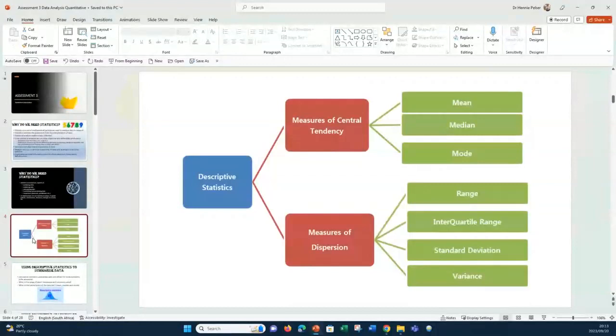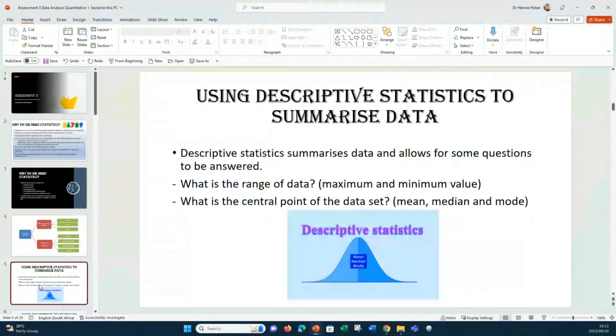We'll also look at distribution and dispersion, which will indicate how far people have disagreed with each other and the range of results that we get. Descriptive statistics is really nice for summarizing data. It gives us a range, and it also gives us the mean, median, and mode.